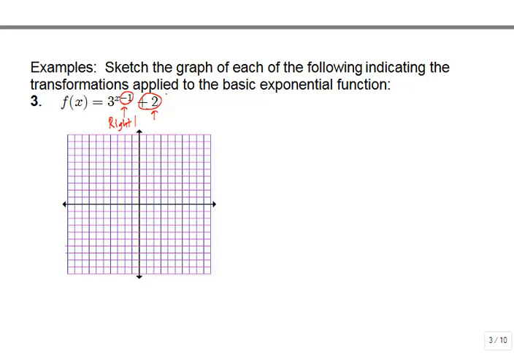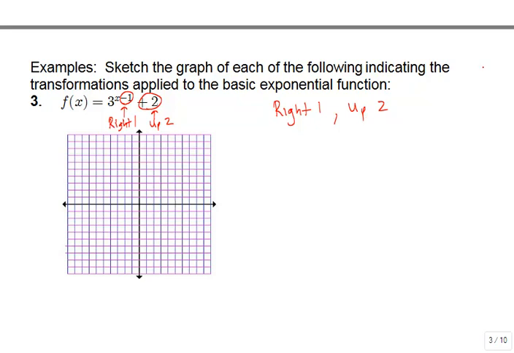And then the plus 2 is off to the side, away from that 3 to the x function. So that makes it a vertical shift, and these go in the direction that you would expect. So when you see a plus 2, that means this is going to go up 2. So we're shifting right 1, and we're shifting up 2. Now think about that up 2 for a moment, because that's really important.